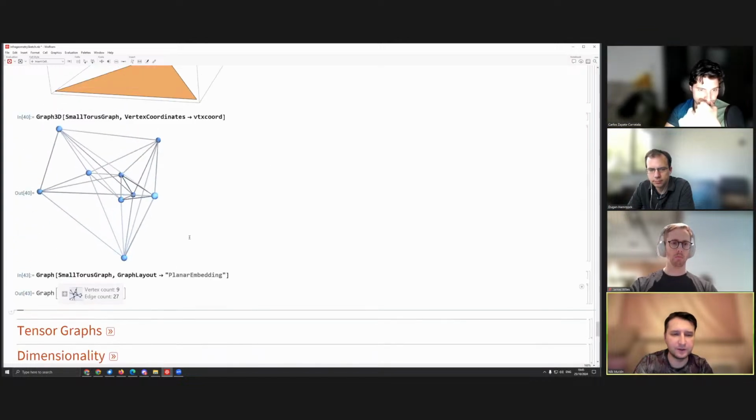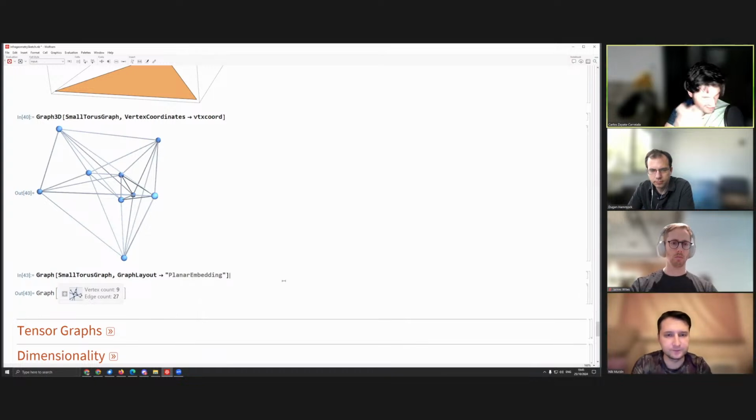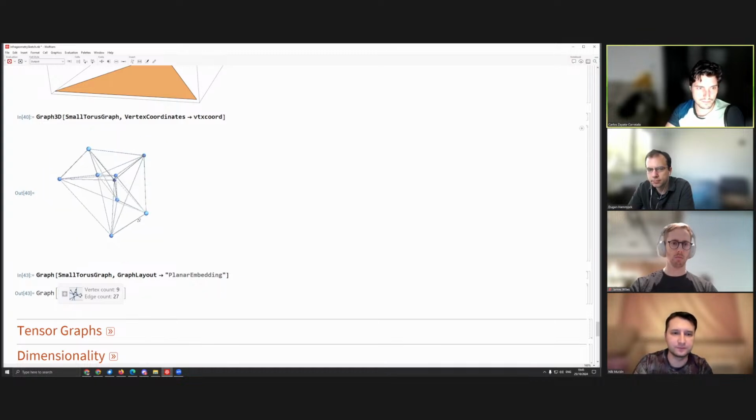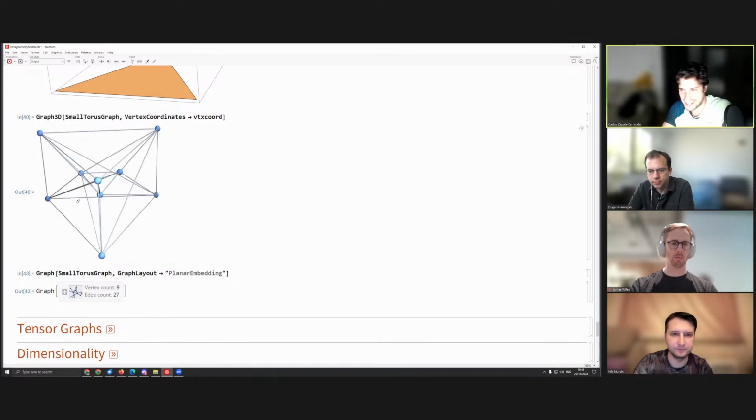Does it mean it's not planar, right? Yeah, I think so. It would be very strange if this is a planar graph, because it's a toroidal graph. I mean, clearly, it's inscribed on a torus.